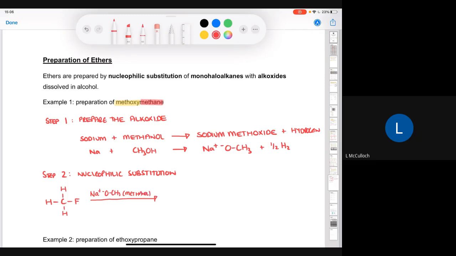And what that will do is it will substitute the halogen for the nucleophile. So we're substituting the fluorine for the methoxide. And that is going to give you methoxymethane.